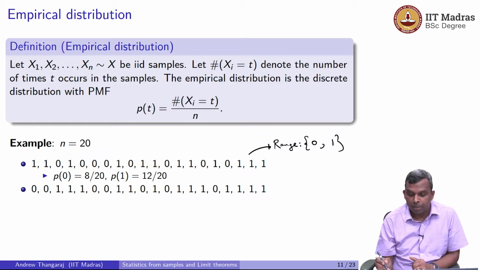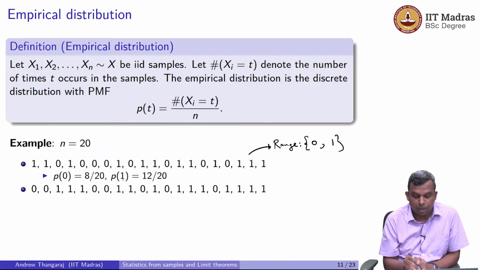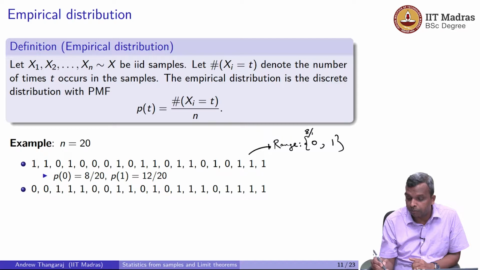So in the empirical distribution, you need p of 0 and p of 1. How many times did 0 occur? You count: 1, 2, 3, 4, 5, 6, 7, 8. So it's 8 out of 20. So the probability of 0 is 8 out of 20. Range is 0, 1. So this is the empirical distribution.